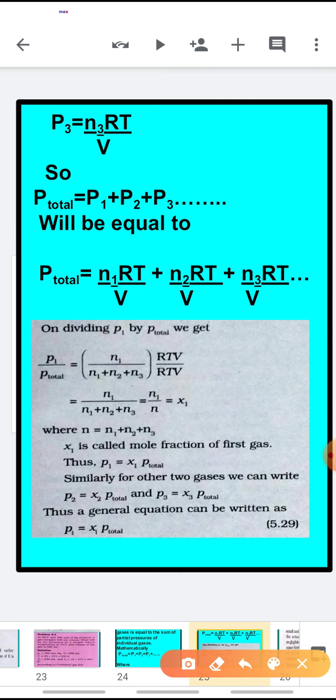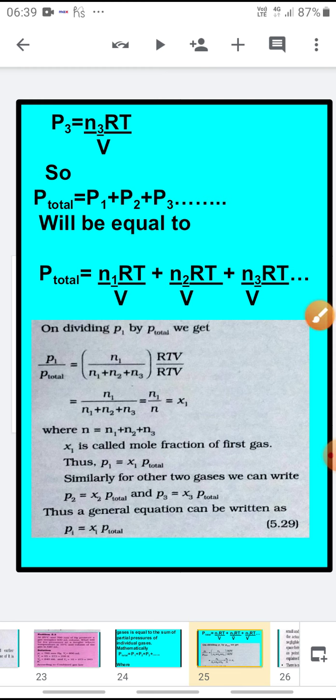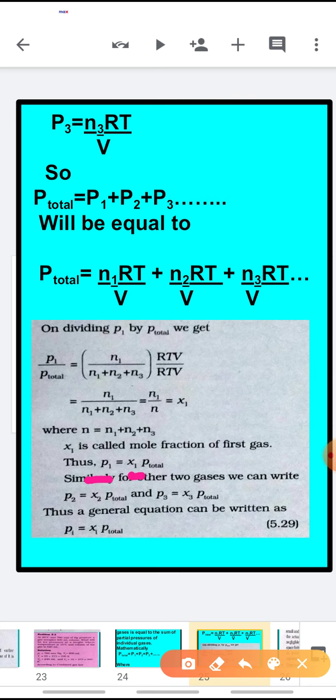Now if we divide P1 by P total, we get this. That means the number of moles of the first gas over the total, or you can say the mole fraction of the first gas, where n equals n1 plus n2 plus n3. Now it is called the mole fraction of the first gas. So you can write P1 equals the mole fraction of the first gas into P total.